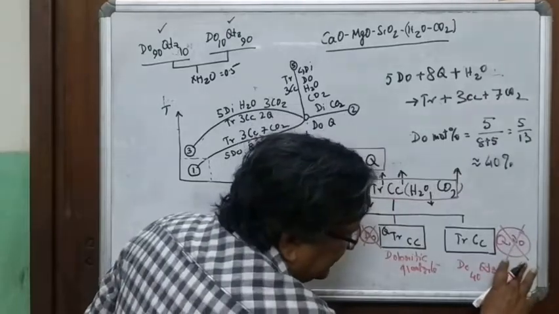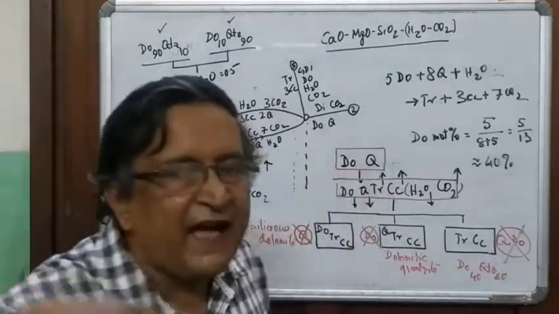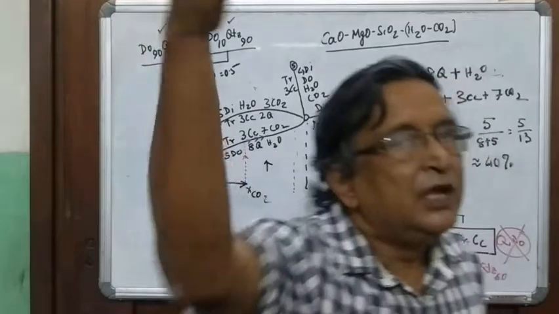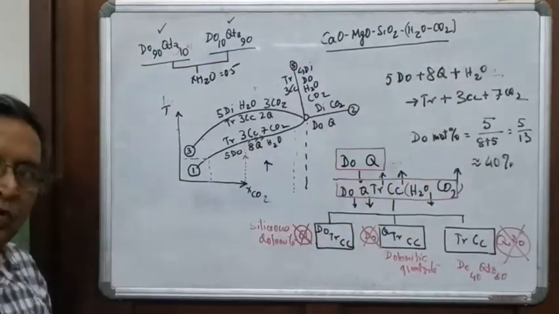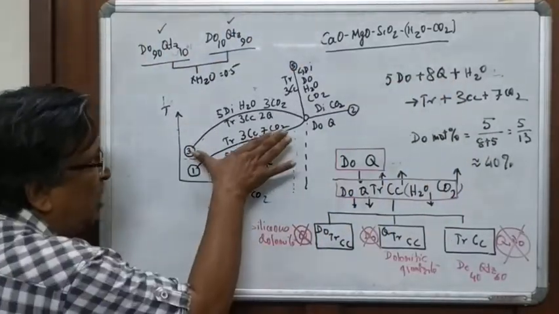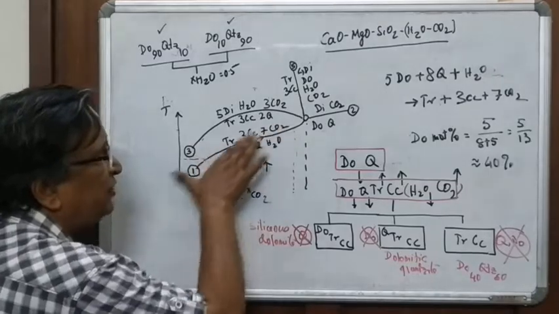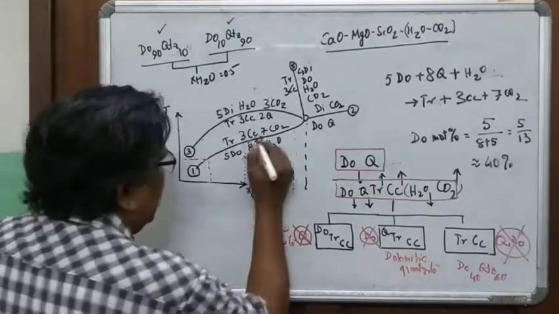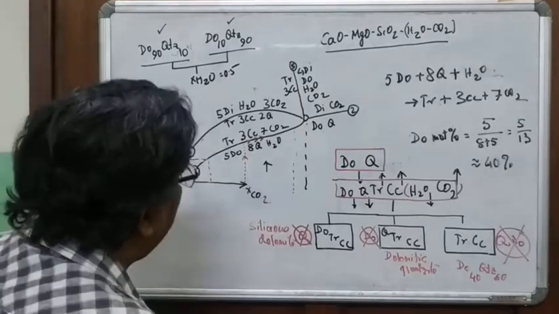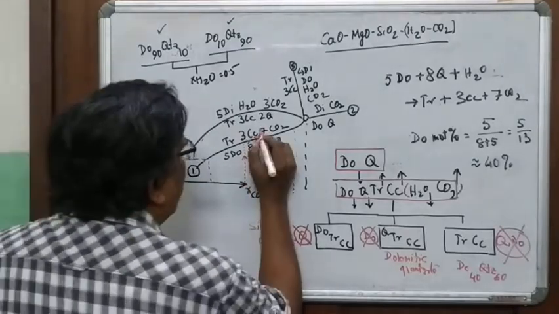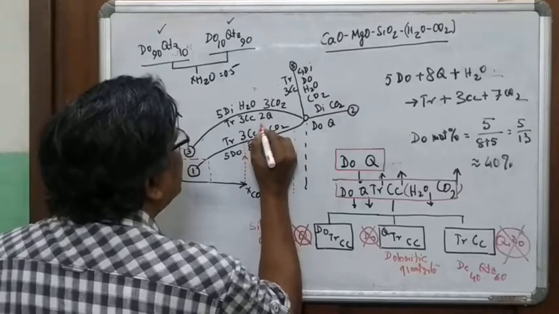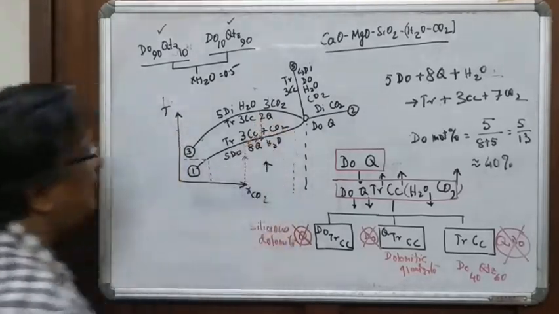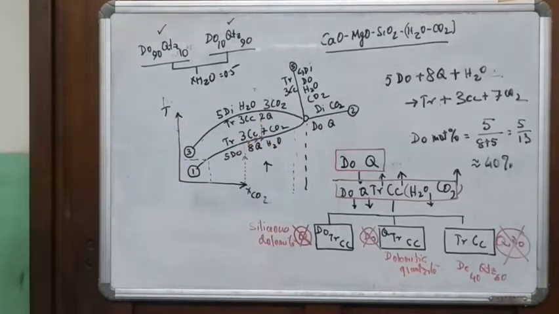Here, two phases are less, so variance has to increase. So what will happen? The rock system will not lie on this reaction line. So it will leave the reaction line and go into a bivariant space.